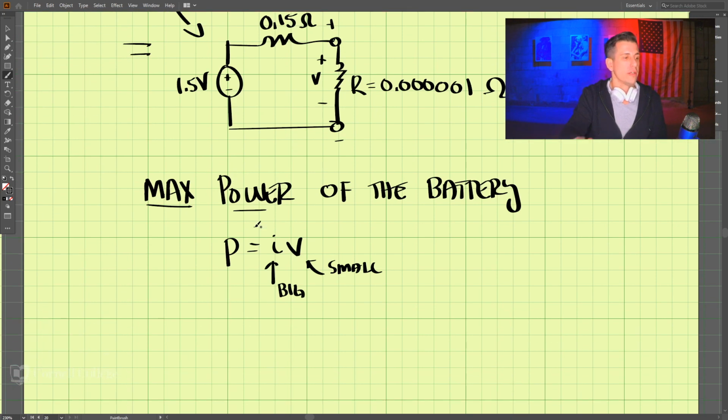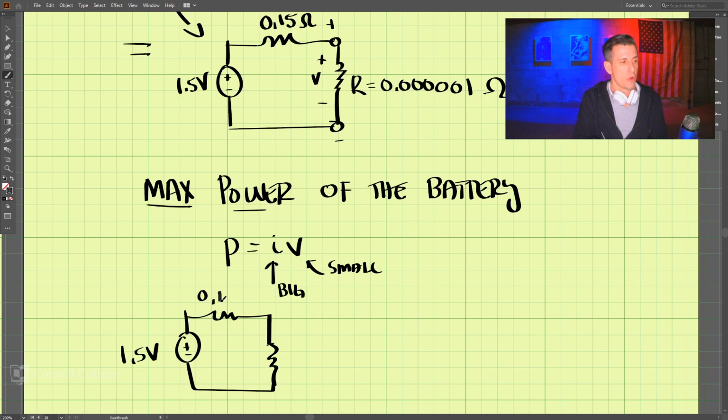Well, if I do another example, and this time we still have our 1.5 volts, and this is still 0.15 ohms. Let's say I make this really big. So this resistance is equal to, I don't know, 10000 ohms.